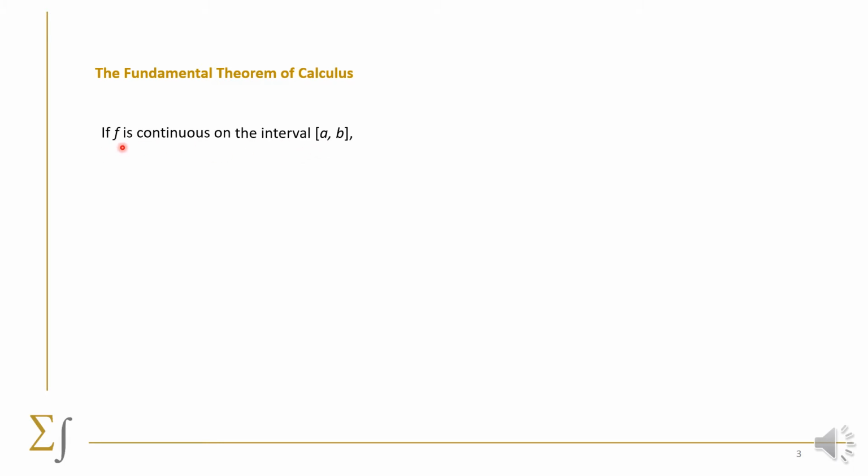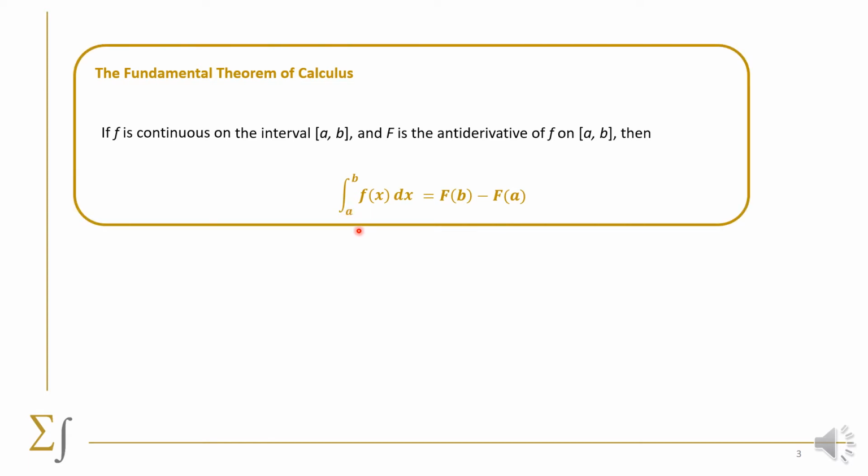And this f has an antiderivative, capital F. Capital F is the antiderivative of f on ab. Then the integral from a to b of f of x dx is equal to the antiderivative of this function, which is capital F, evaluated at b minus capital F evaluated at a.